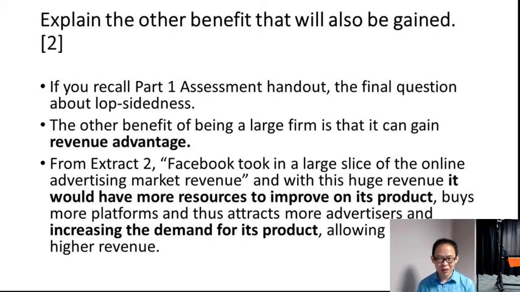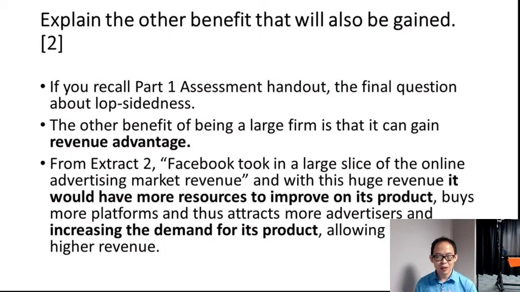So in extract 2, there's case evidence that says that Facebook took in a large slice of the online advertising market revenue, and because it earns such a huge revenue, it would have more resources to improve on its product.